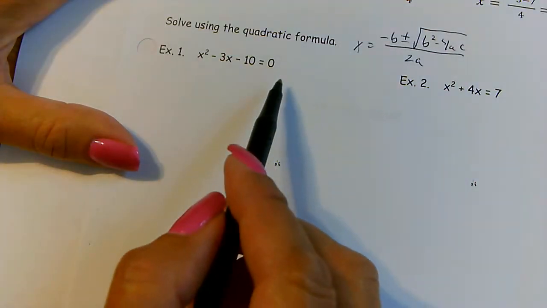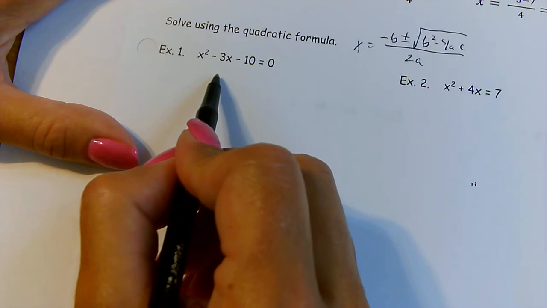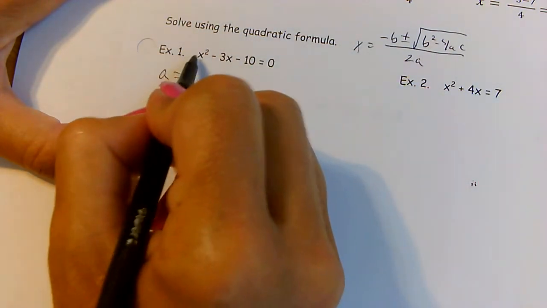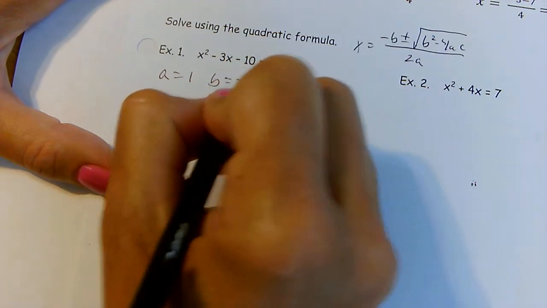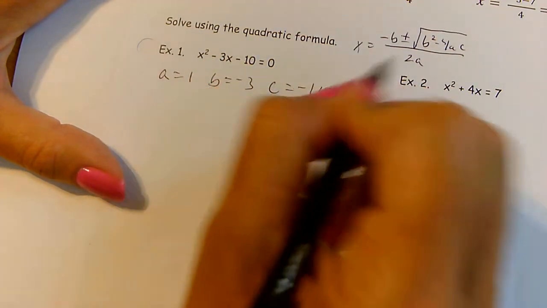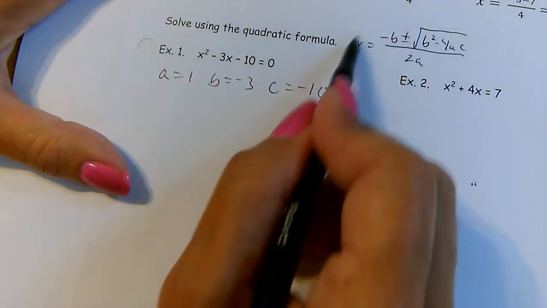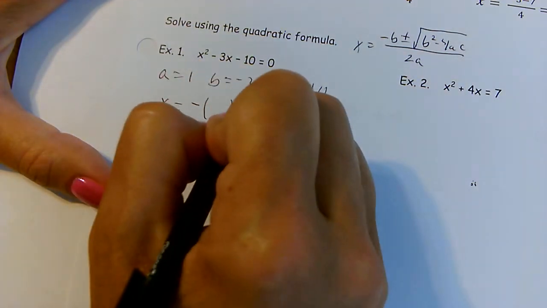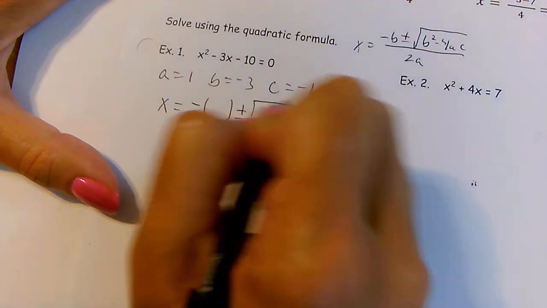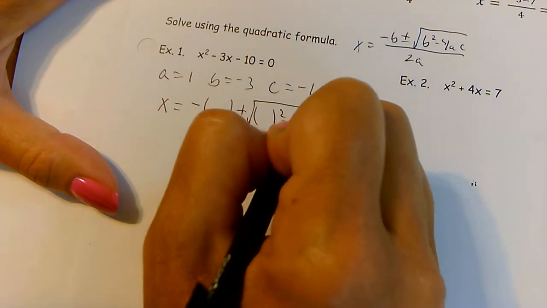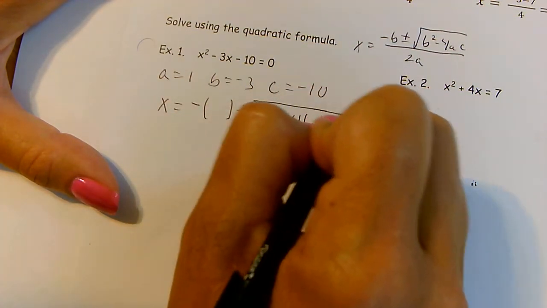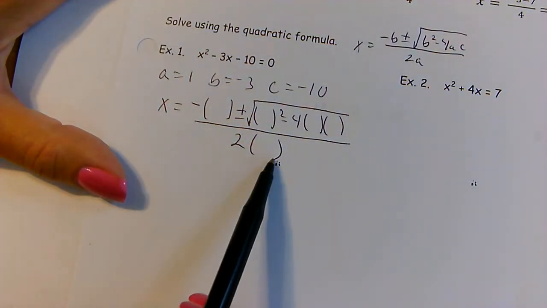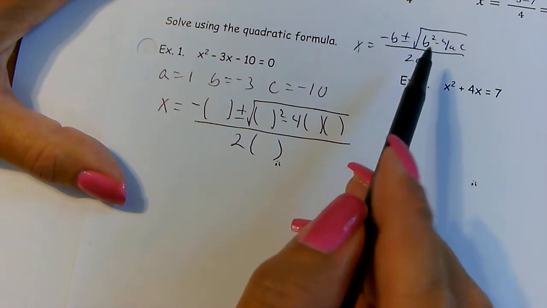So let's solve using the quadratic formula right here. My a is 1 because it's in standard form, +1. b is -3, c is -10. I'm going to rewrite this formula with parentheses where the a, b's, and c's are.